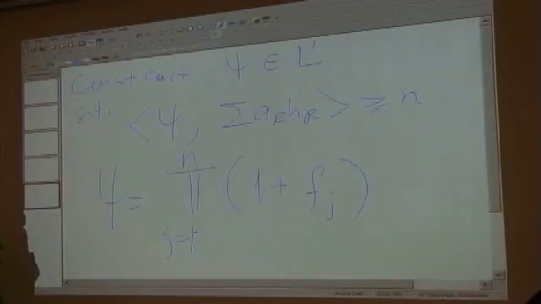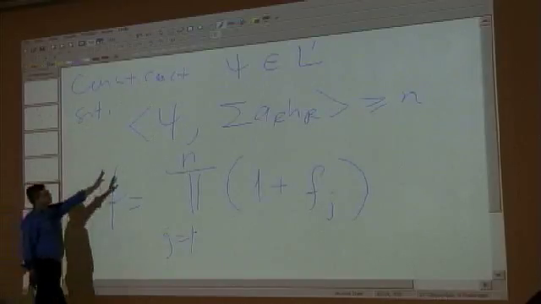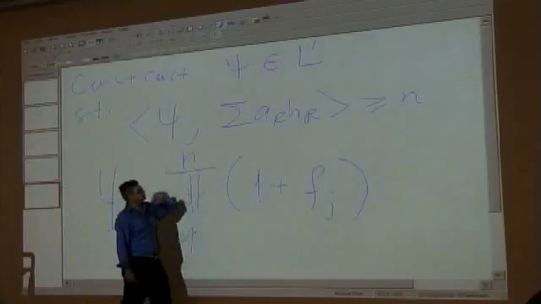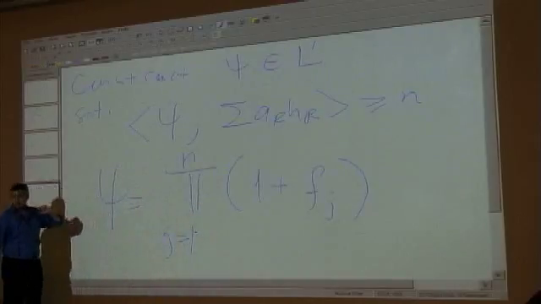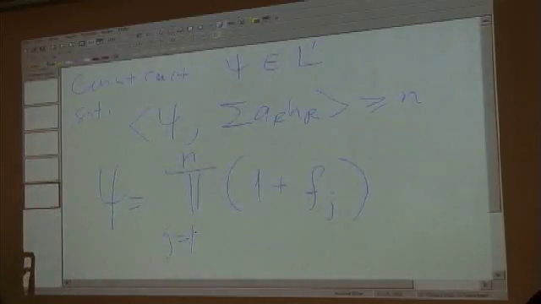So we just need to understand what happens with the inner product. So that's also straightforward.